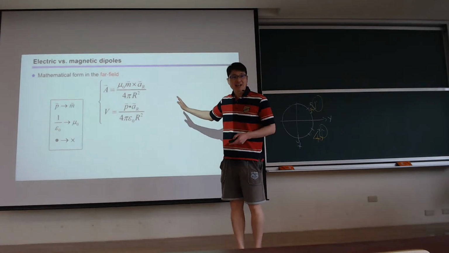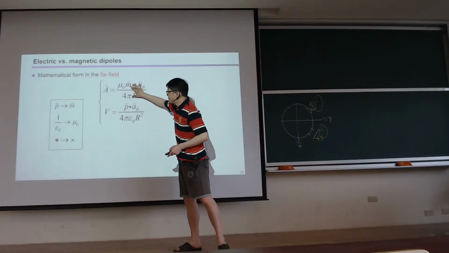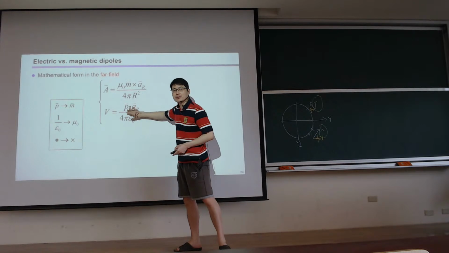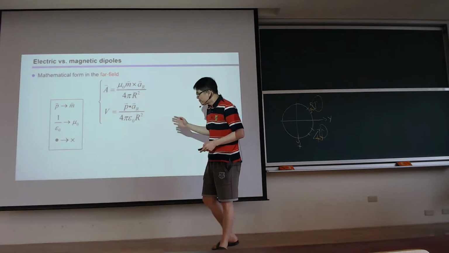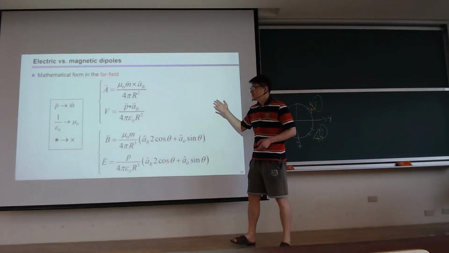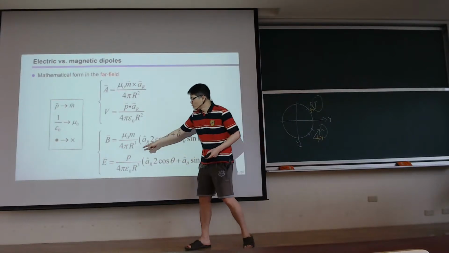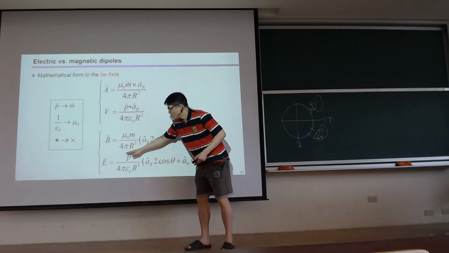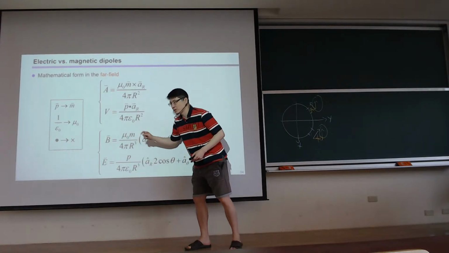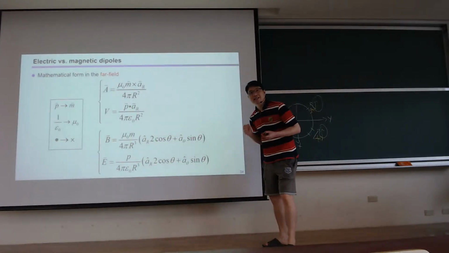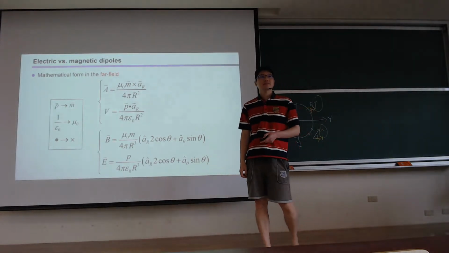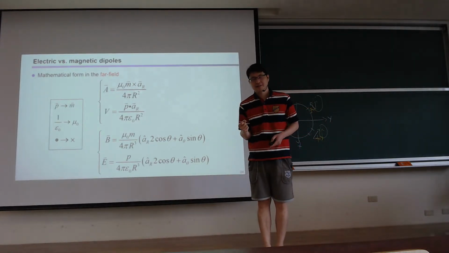So these are the potentials. The magnetic potential and electric potential, you have to do this conversion. But if you look at the B field and E field, again, you replace p by m, 1 over epsilon 0 by mu 0. Everything is identical. So what does that mean?